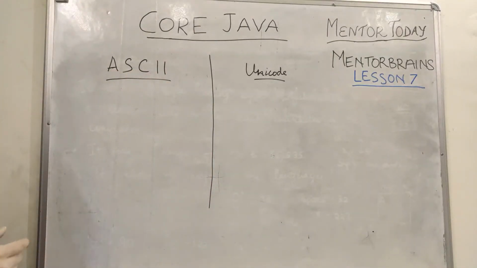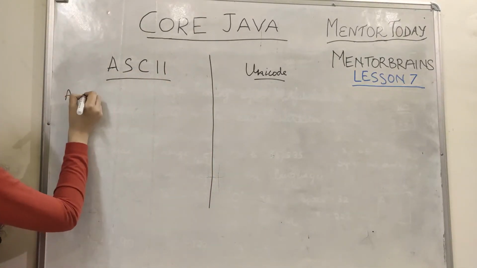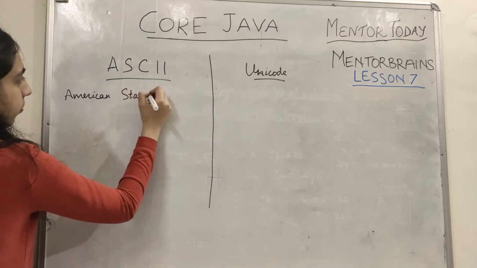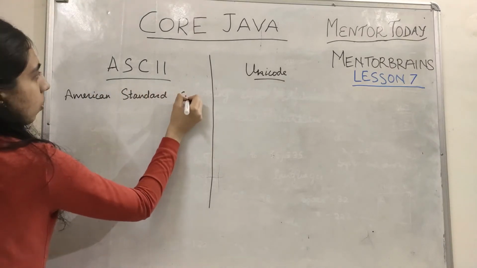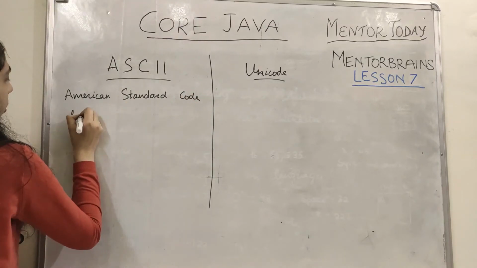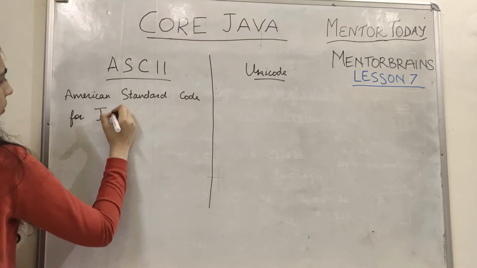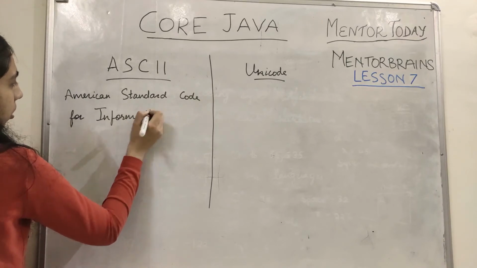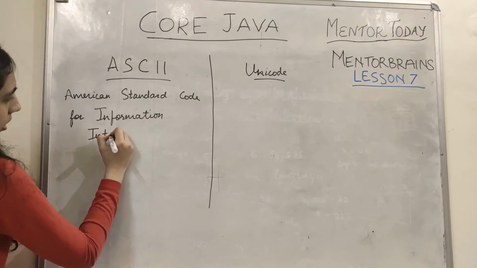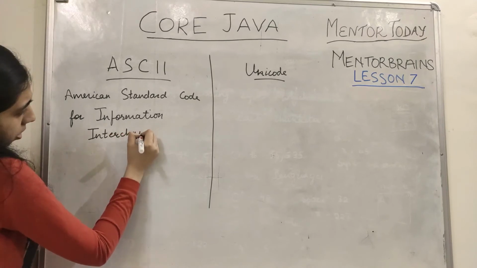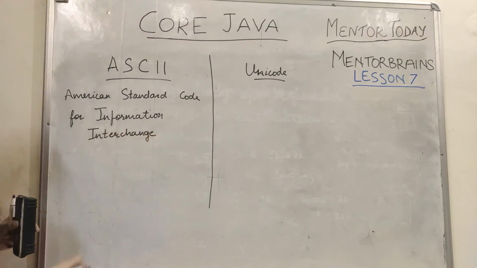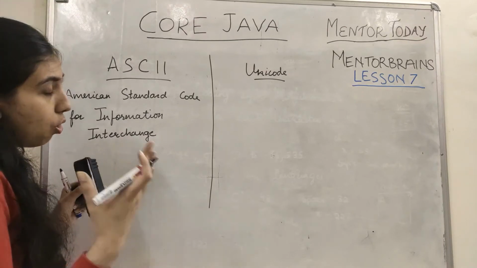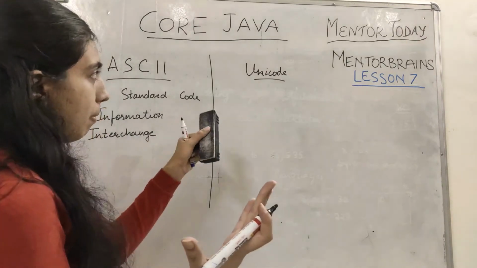The full form of ASCII is American Standard Code for Information Interchange. This is also a coding system just like Unicode, but it was developed before Unicode, and it is not as broad as Unicode is.